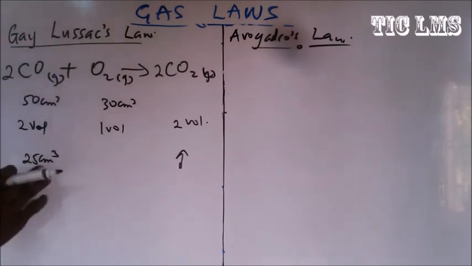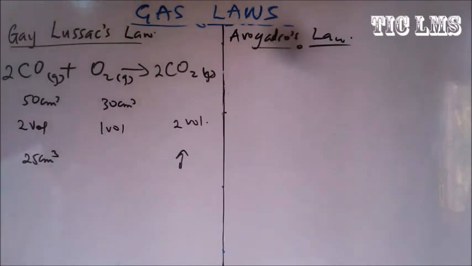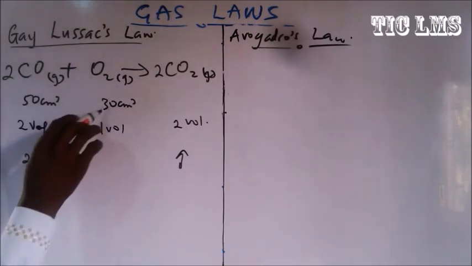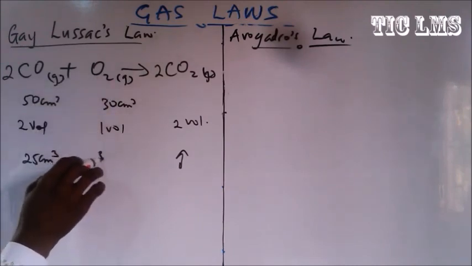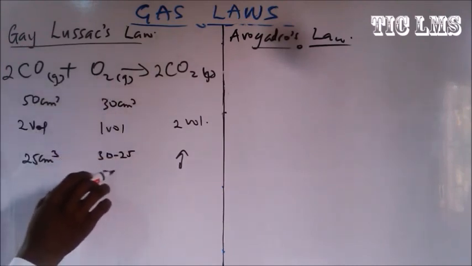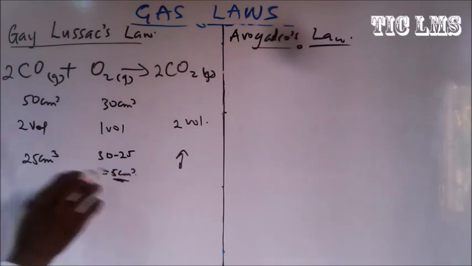And so we use this 25 cm cubed because it is a smaller volume. Then if we use 25 cm cubed from the 30 cm cubed of oxygen, we have 30 minus 25, so we have 5 cm cubed unused.